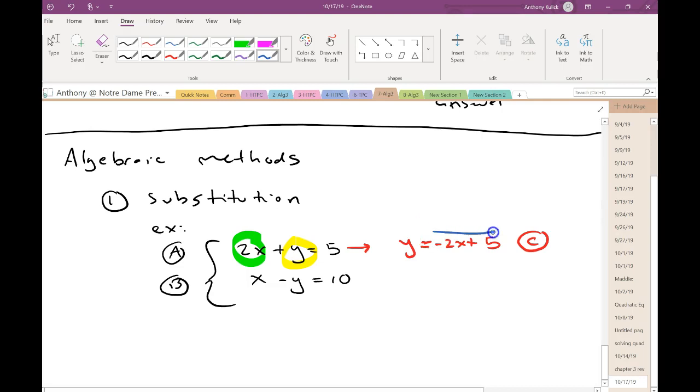So I'm going to take what y equals, and I'm going to replace the y in equation B with that stuff. This is the substitution, right? We're substituting one thing in for another.